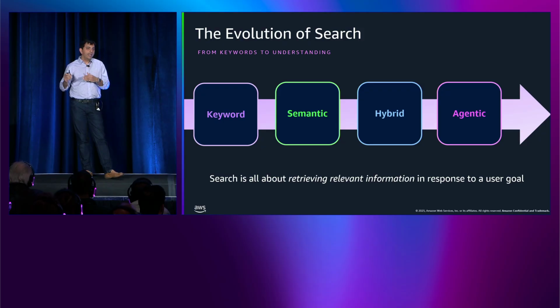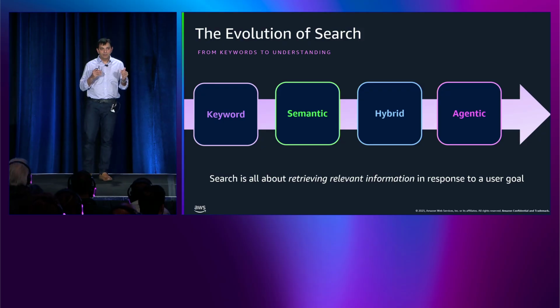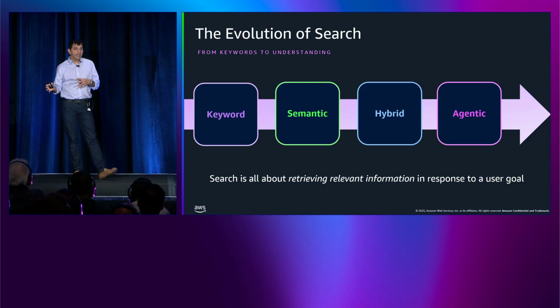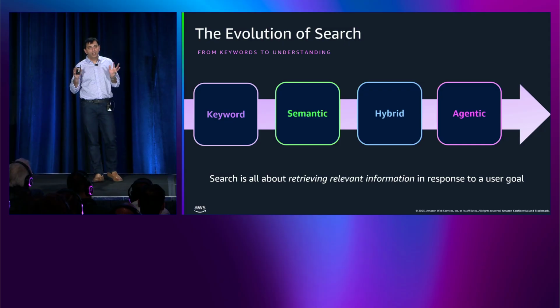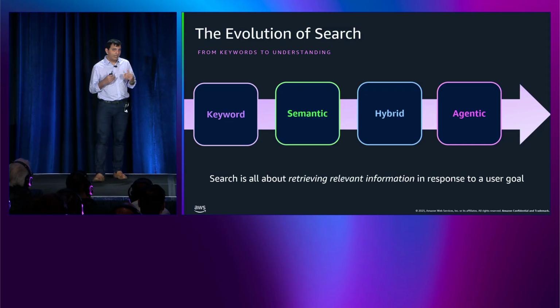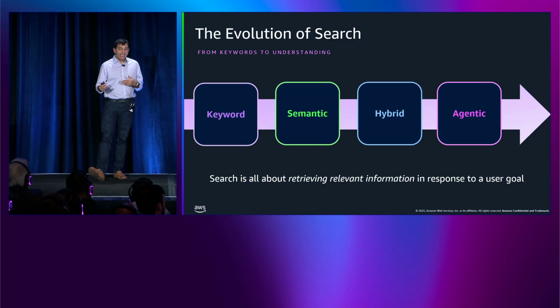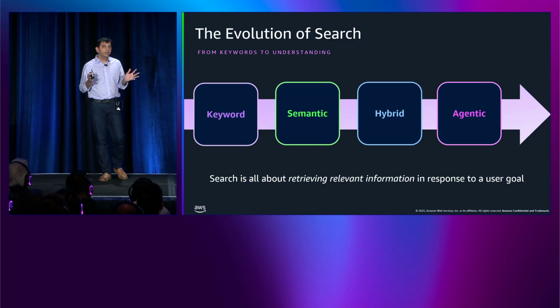So it was very helpful to get semantically relevant information from your data. Then what we realized is actually keyword works really well for 70 to 80% of the use cases. So combining keyword search along with semantic search and developing hybrid search was the next innovation that happened in search. And these days, we see hybrid search deployments across many customers.